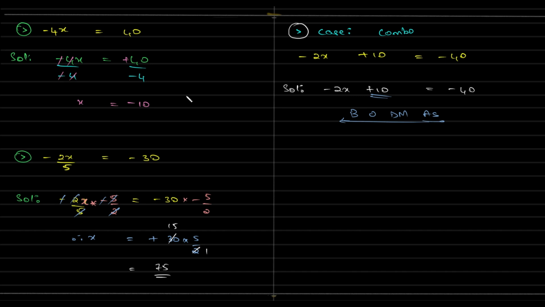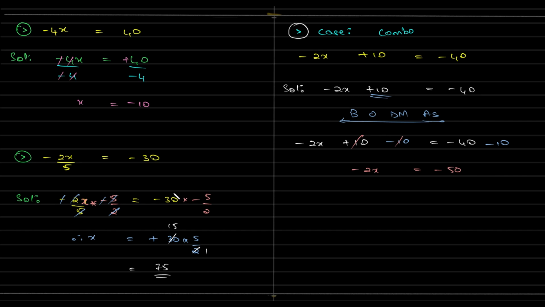Makes sense? So first write the question, give some space. So I need to subtract what? I need to subtract 10. So what happens? Negative 10 and positive 10 get cancelled. So we have negative 2x is equal to negative 50. This is addition.